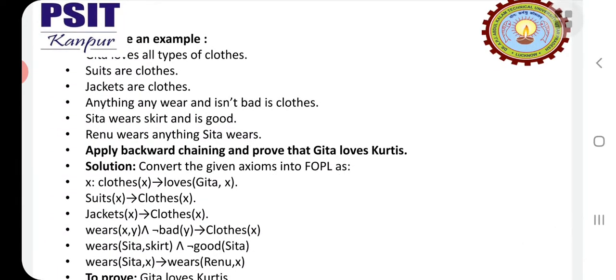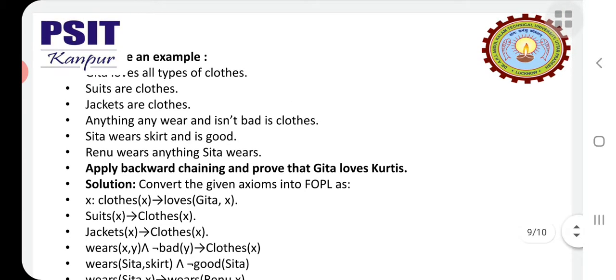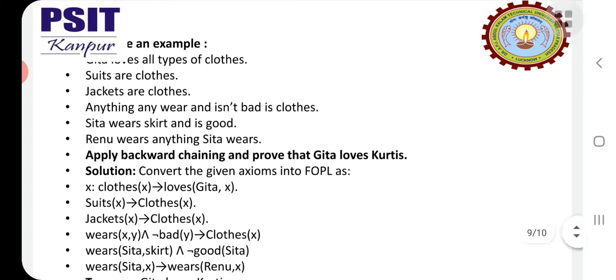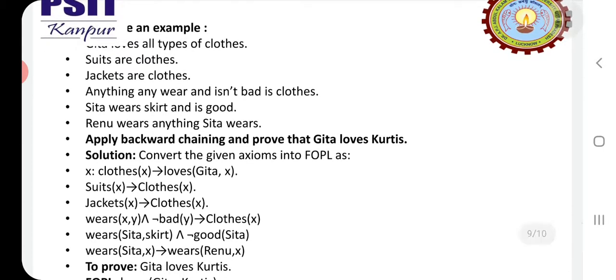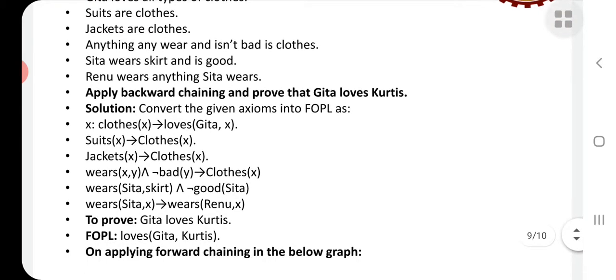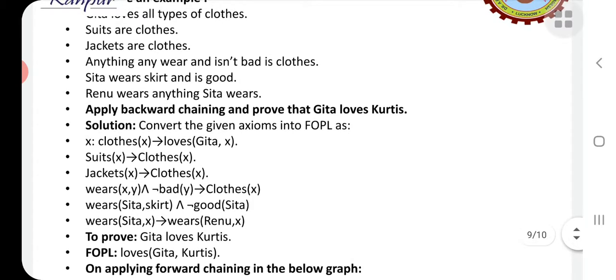Again, I'm going to take an example so that we can easily understand backward chaining. The example is given: 1, 2, 3, 4, 5, 6, a total of 6 statements. With the help of these 6 statements, you have to prove that Geeta loves kurti. Solution: convert the given axioms into FOPL, first order predicate logic.